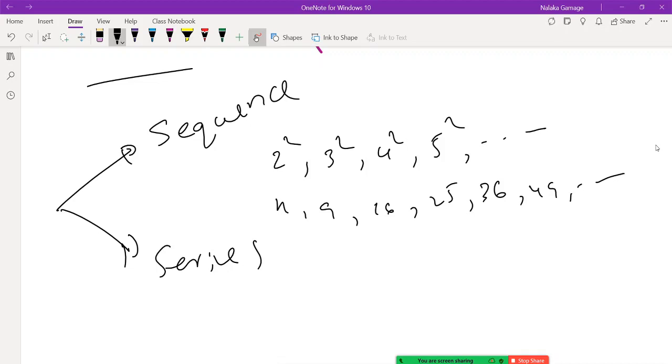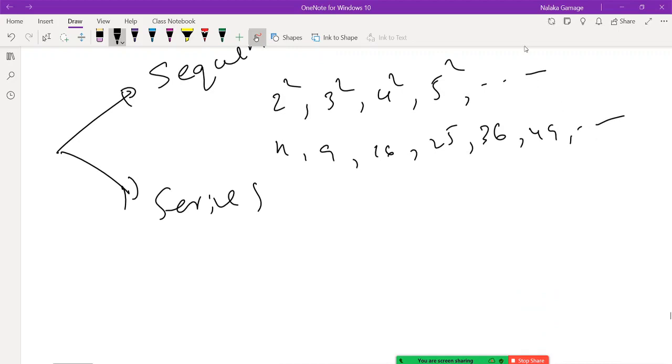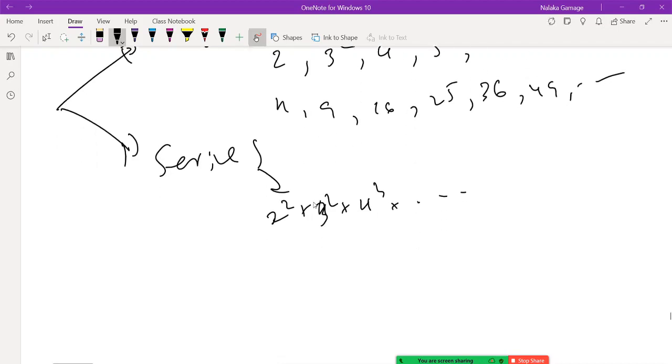Series is when you write a sequence as a summation, for example 2 squared plus 3 squared plus 4 squared plus and so on. Then we say it's a series. So sequence and series are highly related.